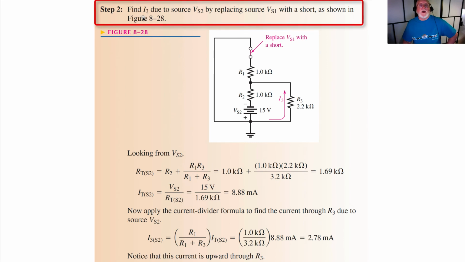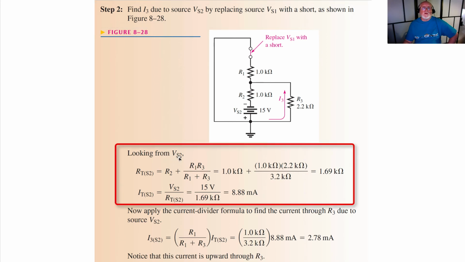Okay, now we're going to find current I3 due to the source V2, replacing the source V1 with a short. So we're only going to put V2 in. We've got V1 shorted out. Looking from voltage source 2, we have a total resistance of R2 plus the parallel combination, the product over the sum, of R1 and R3.